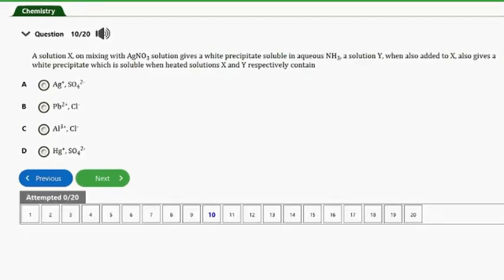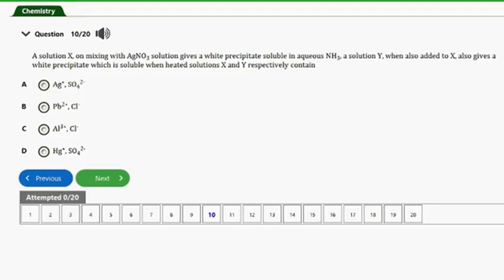It says, a solution X on mixing with silver nitrate solution gives a white precipitate soluble in aqueous ammonia. A solution Y, when added to X, also gives a white precipitate, which is also soluble when heated.